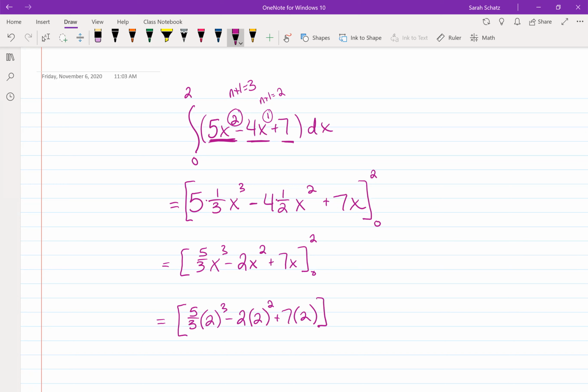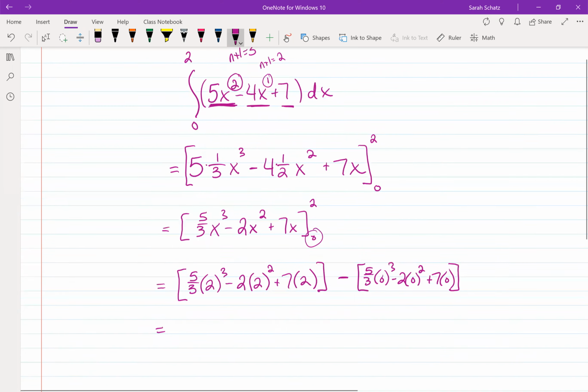That'll be your first value. And then you're going to have the subtraction there. And then this term here that you're going to subtract is going to be this whole term with x equals 0. So 5/3 times 0 cubed minus 2 times 0 squared plus 7 times 0.